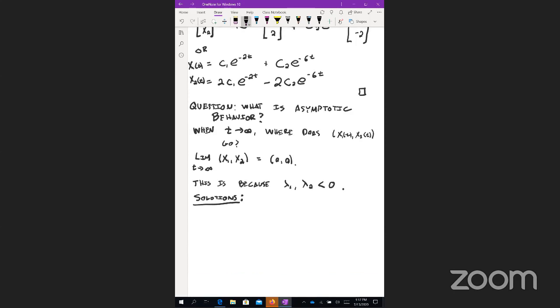The picture is, if we have x1 and x2, and we think about some point here that is, for instance, x1 of 0, x2 of 0, what happens to the solution?